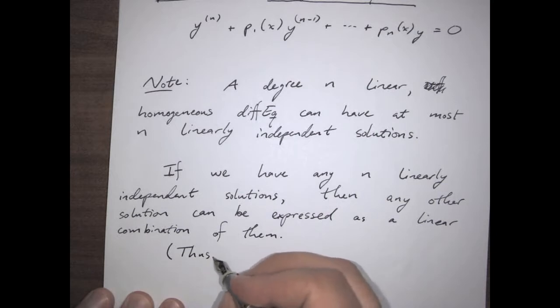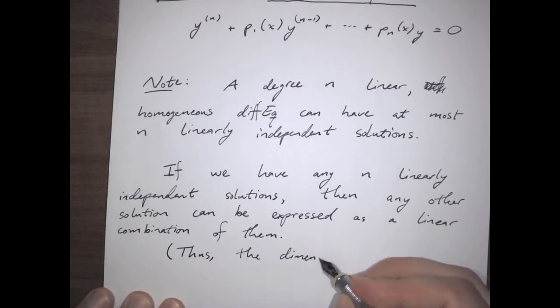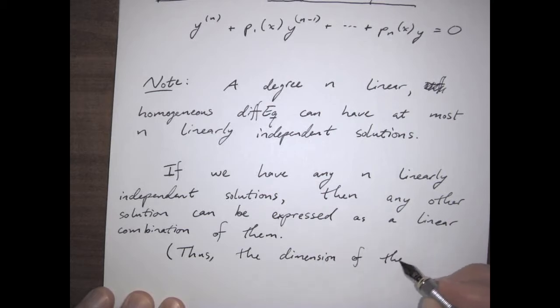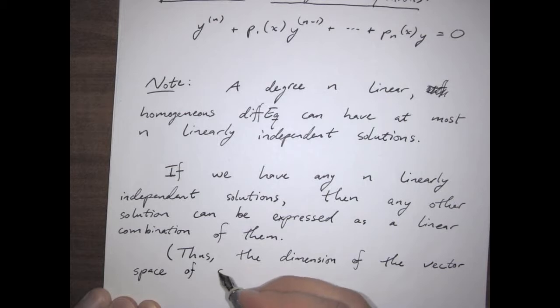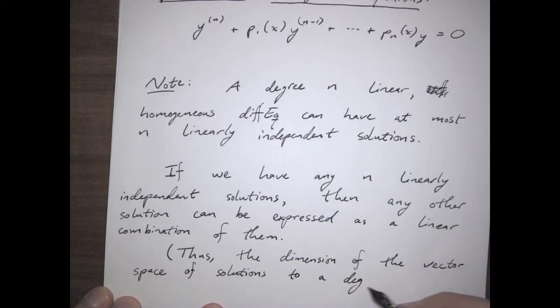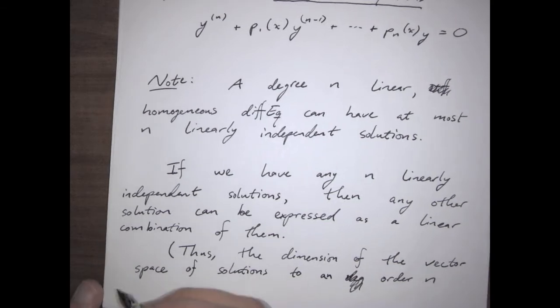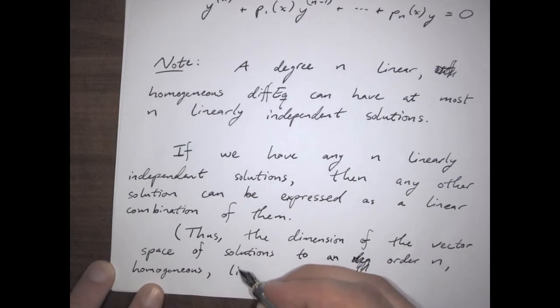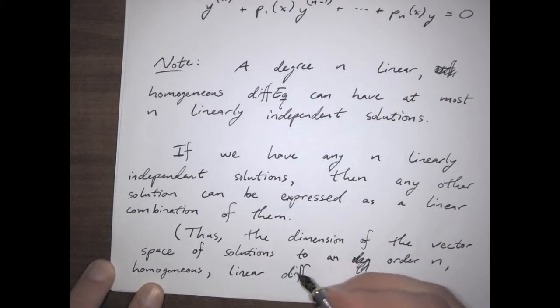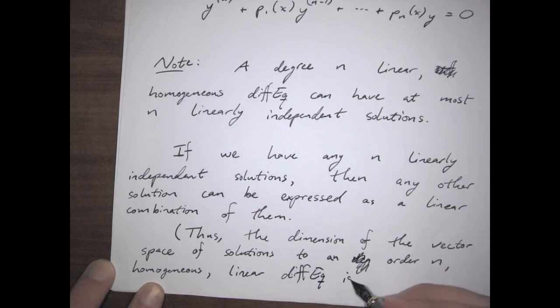Thus, the dimension of the vector space of solutions to an order n homogeneous linear differential equation is n.